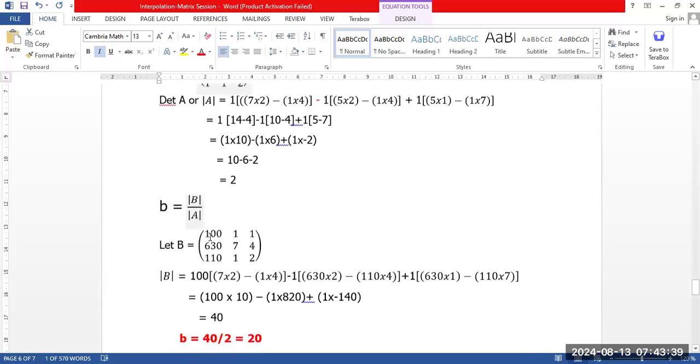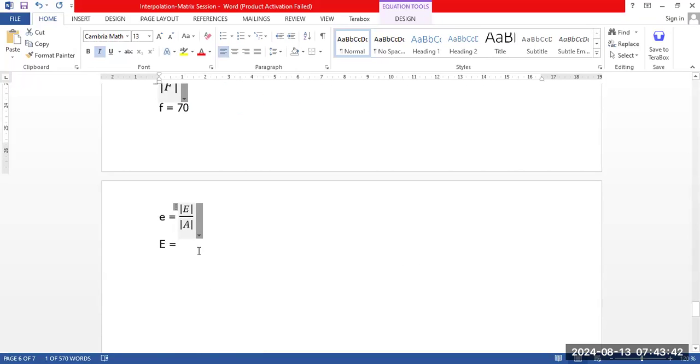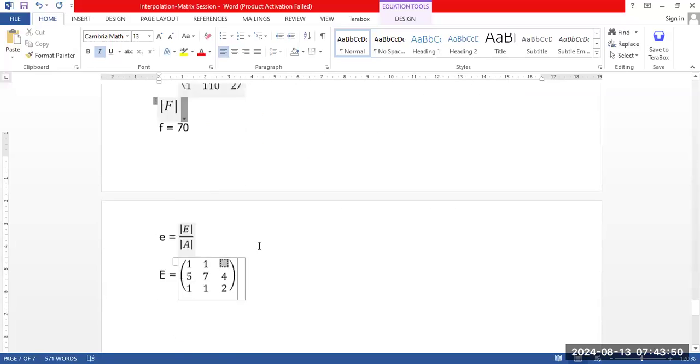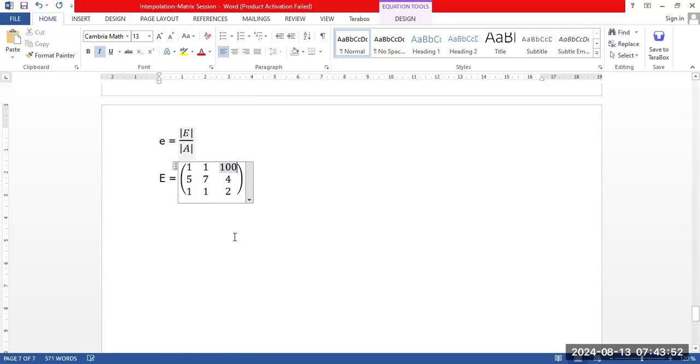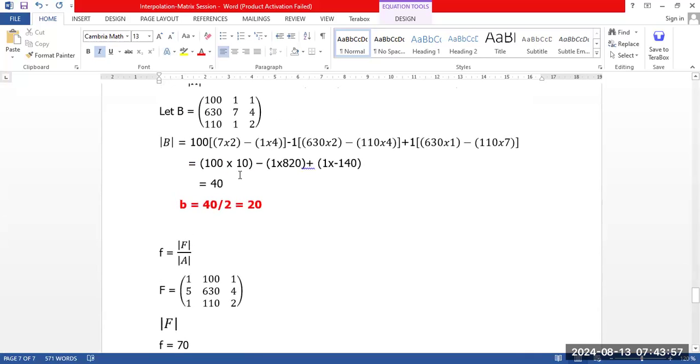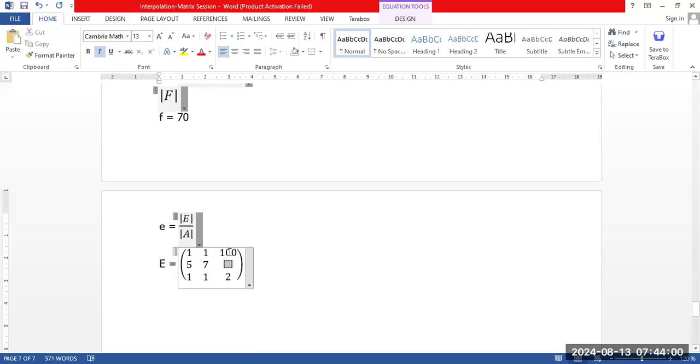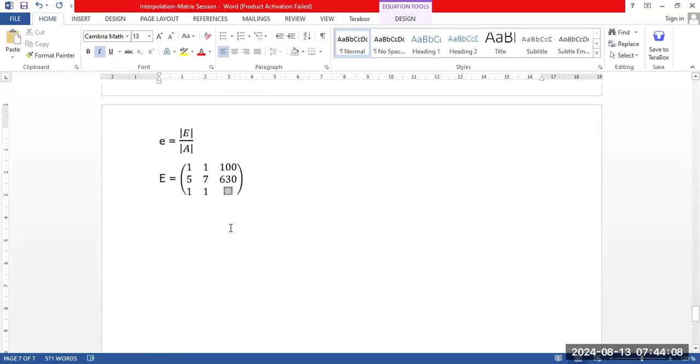It is the last column. So we replace that last column. Where you have 1, we put 100. Then where we have 4, we put the corresponding value. So you just keep on replacing. Other things remain the same. This is 110. Once you have matrix E, look for the determinant of E.